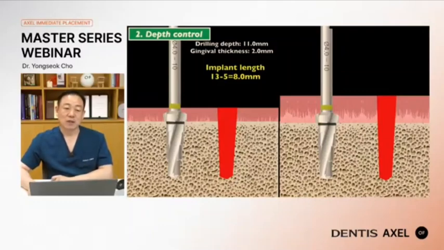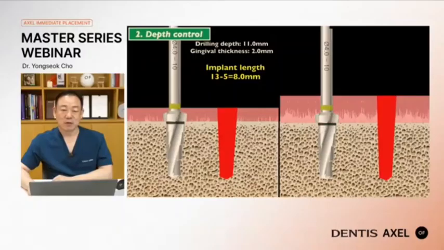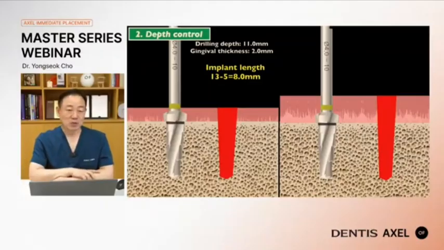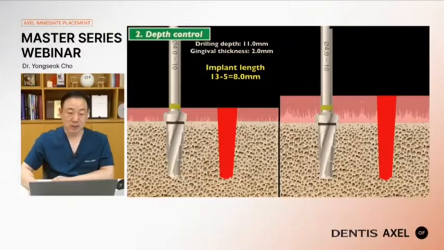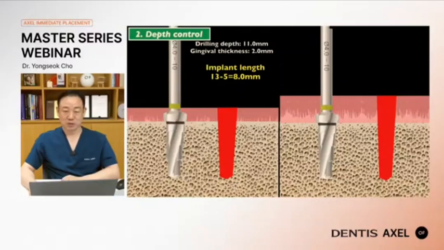Okay, that means when you place the implant about 5 millimeter deep, available height is 8 millimeter. When you place it 4 millimeter deep from the gingival margin, available height is 9 millimeter. Okay. Anyway, even if we are using the same length of drill, the situation will change depending on the thickness of soft tissue, as on the right picture, which has thick soft tissue.